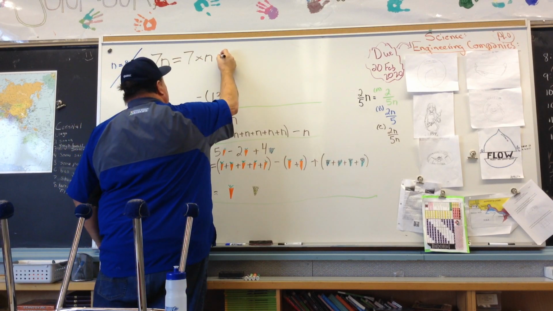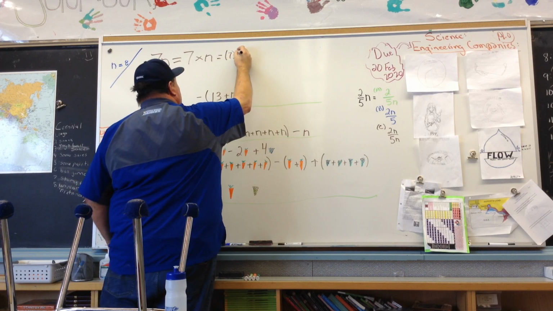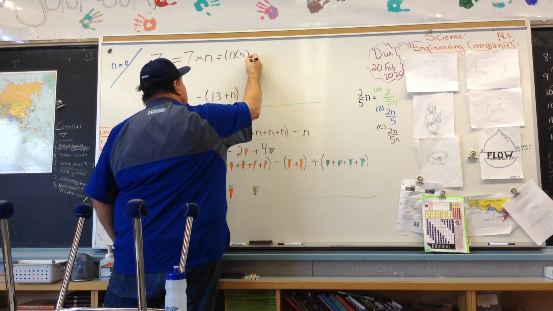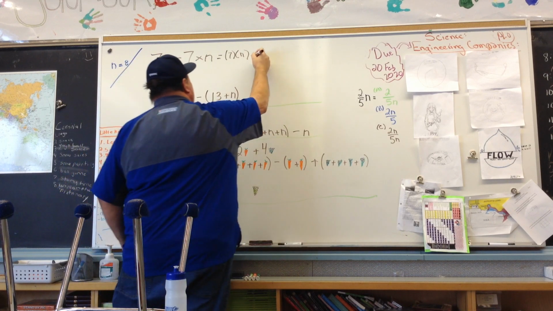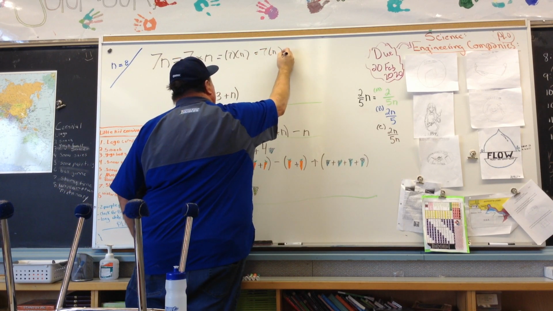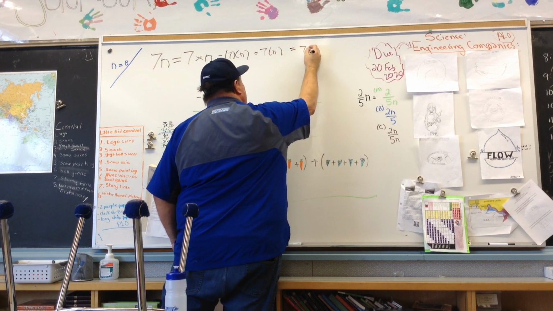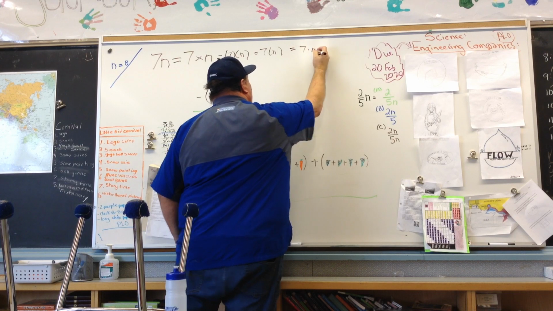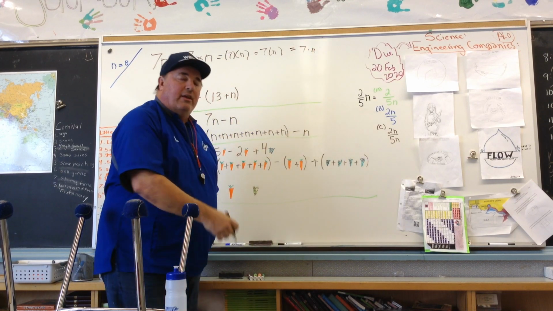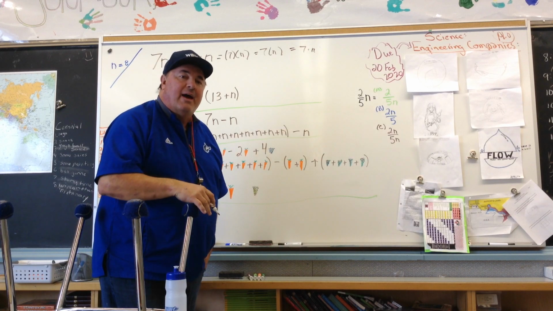And that is the same thing as saying bracket 7 bracket n. And that is the same thing as saying 7 bracket n. And that is the same thing as saying 7, and if you see a dot, on many of your assignments you'll see a dot. It's not a speck. That's a multiplication in accepted mathematics.